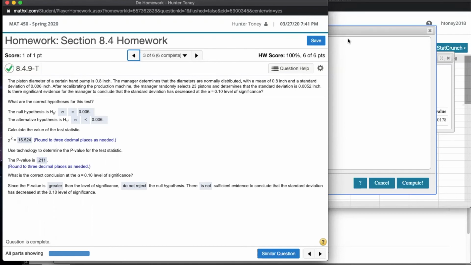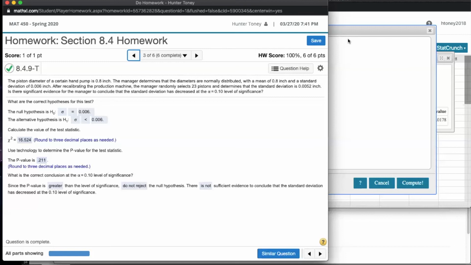After recalibrating the production machine, the manager randomly selects 23 pistons and determines that the standard deviation is 0.0052 inches, as opposed to the 0.006 before. So is there significant evidence for the manager to conclude that the standard deviation has decreased at the alpha, or significance level, of 0.10?